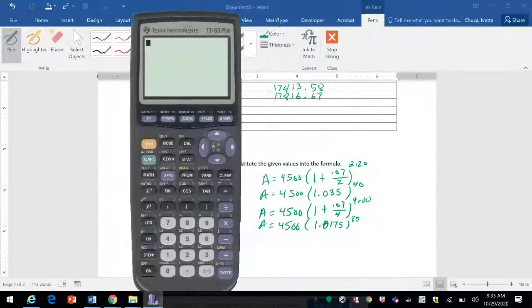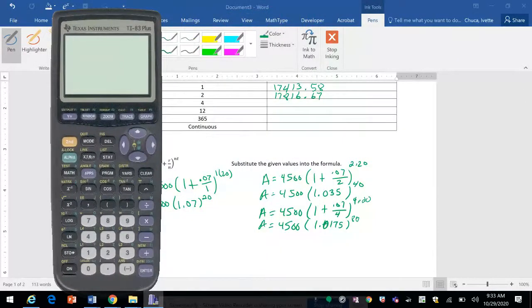So we can plug this into our calculator: 1.0175 raised to the power of 80 times 4,500.